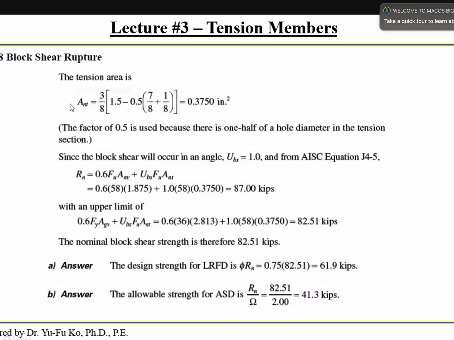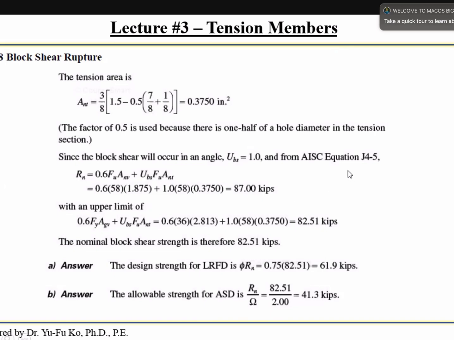Any questions so far for net tension? Okay. Because here we assume the tension stress is uniform, so Ubs is equal to 1. Like I said, in most cases it will be 1.0.